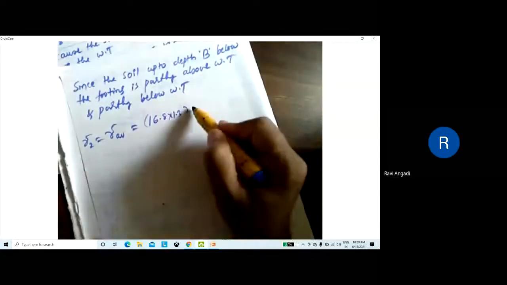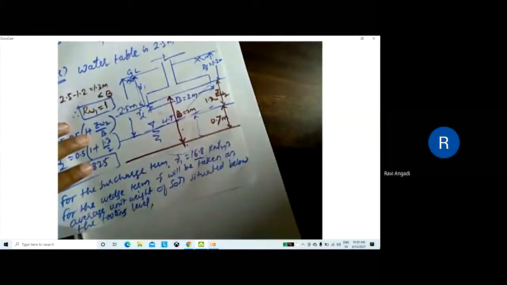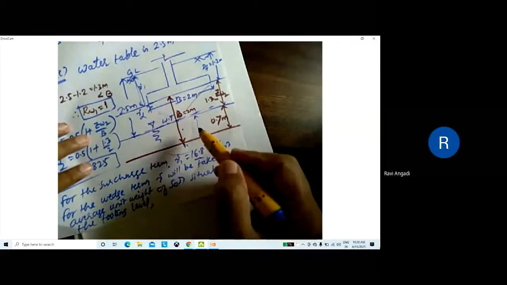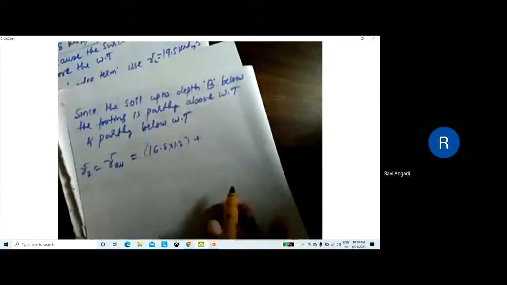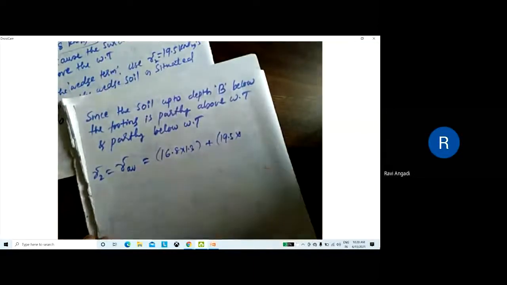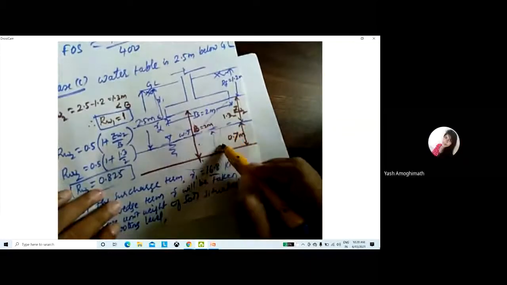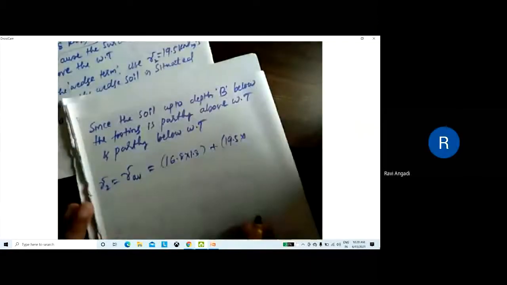Then plus, below is submerged, yes or no? Yes, sir. What submerged unit weight is given? 19.5 into at what depth? How much depth is there? 0.7. Correct.